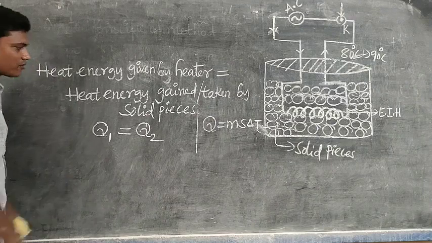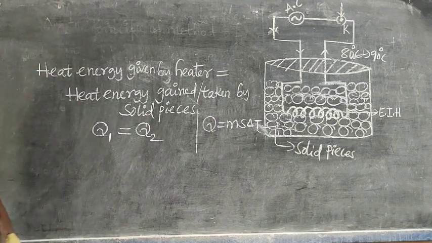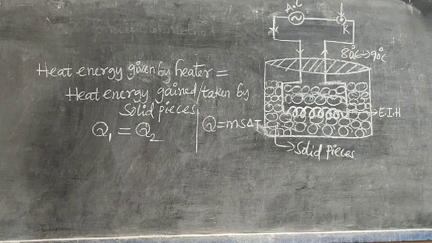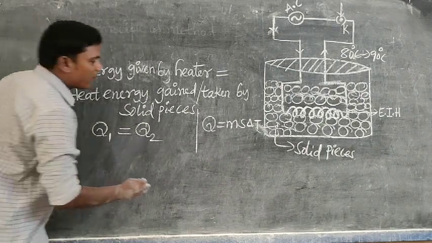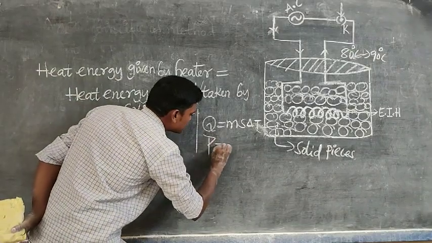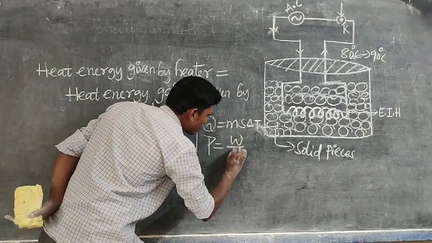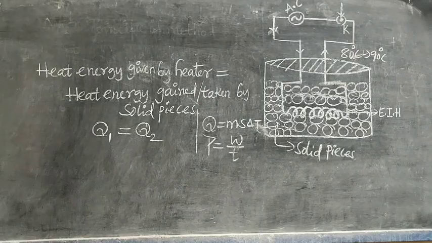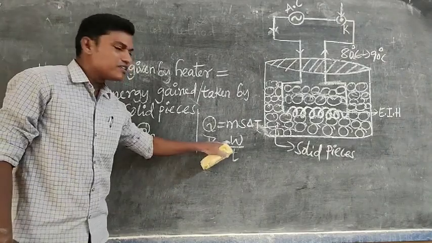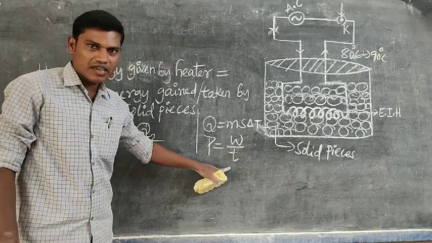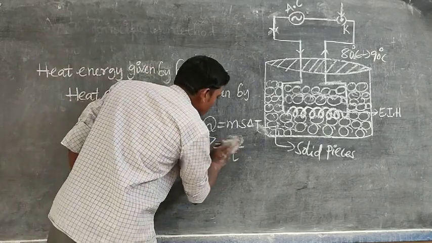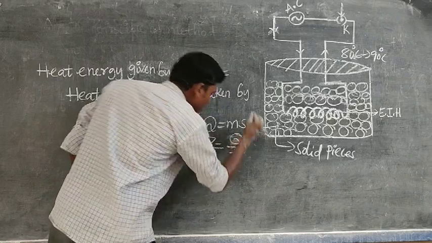So in the ninth standard level we know that the power concept is there. In the power concept, P equals W by T. W is the work done, T is the time. But in the place of W, you can take Q. Listen very carefully.